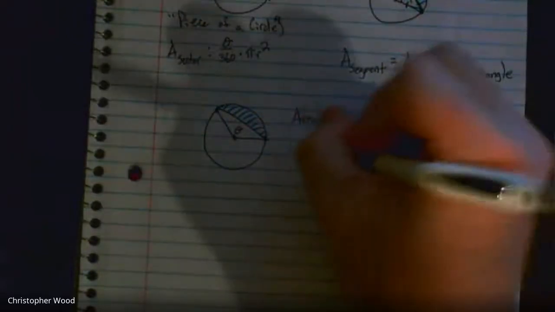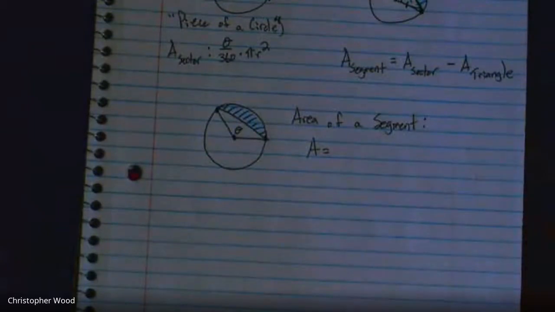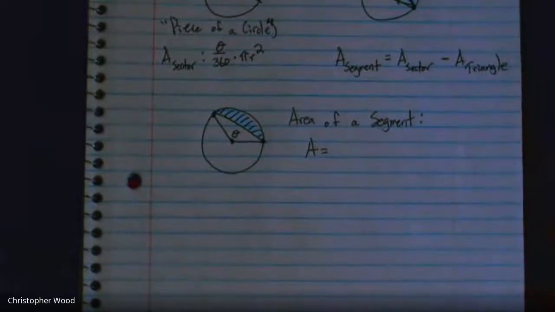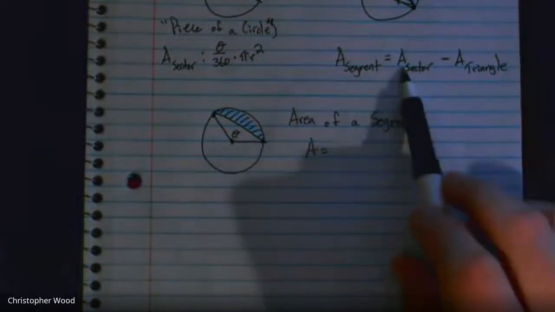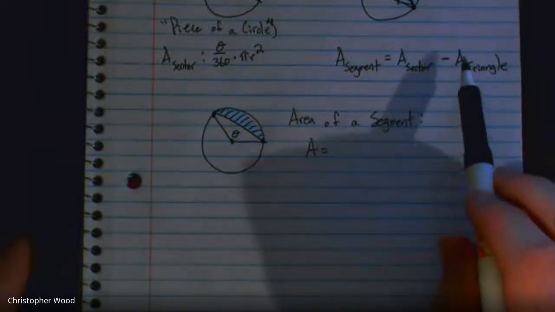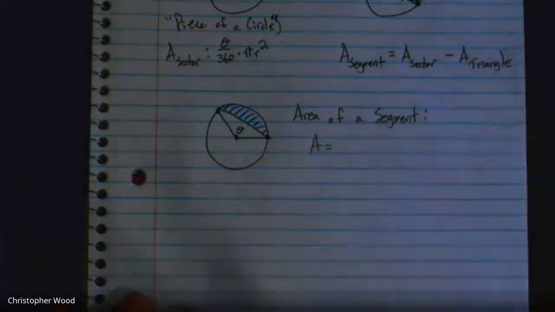Area will equal. And what I'm going to do is add some of these formulas together. So I'm going to take the area of a segment, or excuse me, area of a sector, and using some trig that we learned a couple weeks ago for the triangle, combine those into one formula.